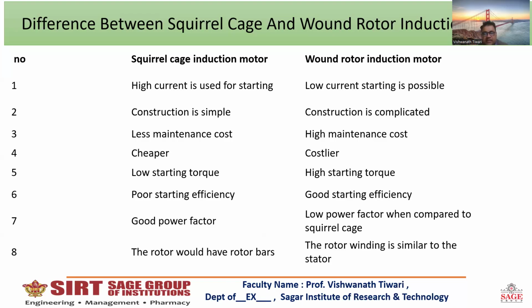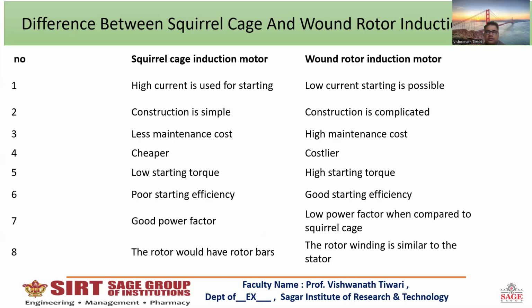The squirrel cage induction motor is cheaper than the wound rotor induction motor, which is costlier because it requires some additional equipment. The squirrel cage induction motor has low starting torque, but the wound rotor induction motor has high starting torque.